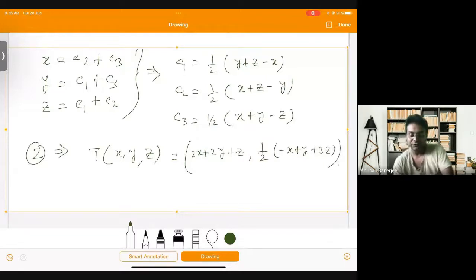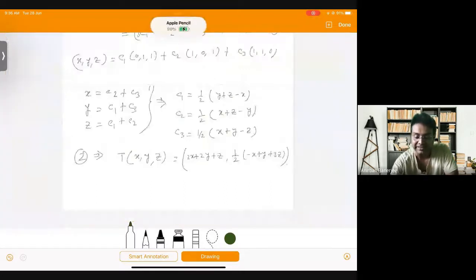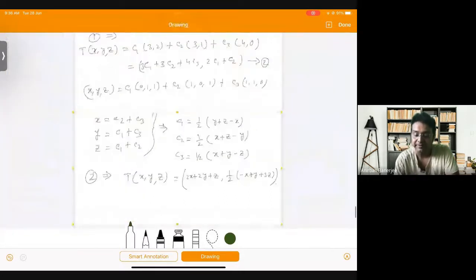So whatever we get until now is the formula of the linear transformation with respect to the standard basis. Now we'll proceed further to figure out the matrix with respect to the given basis.